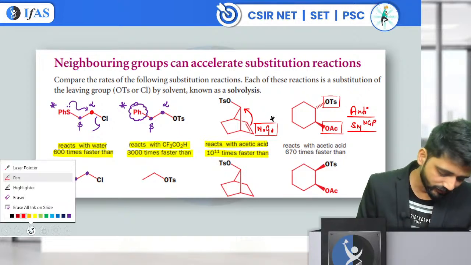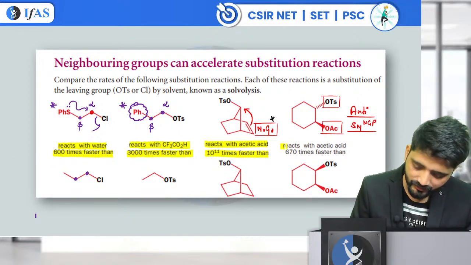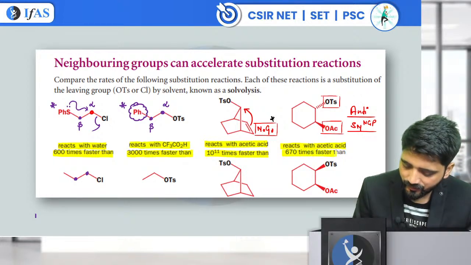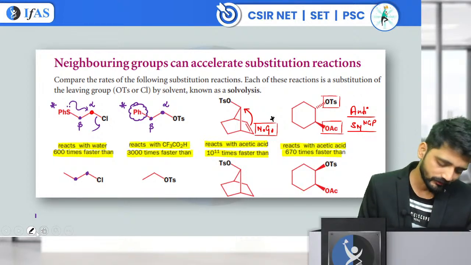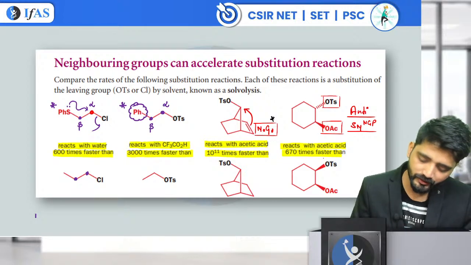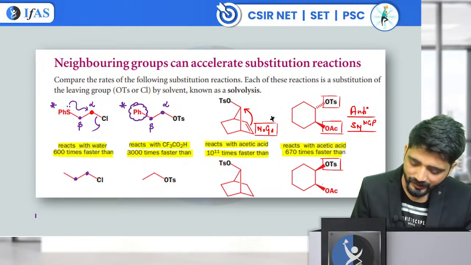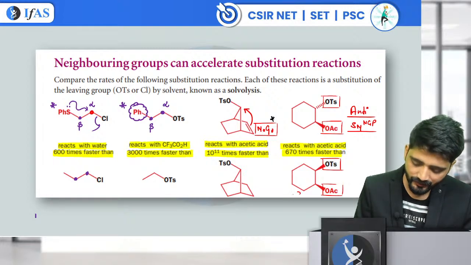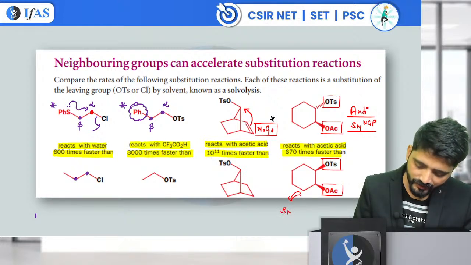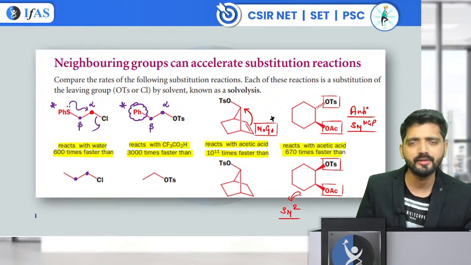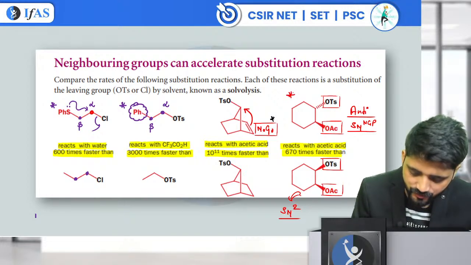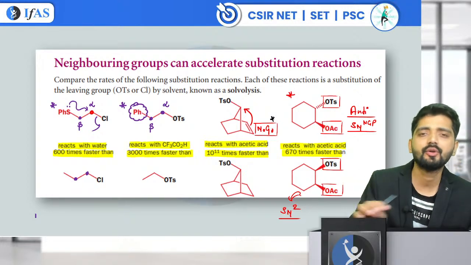That's why if we compare the rate of the reaction, the first one reacts 670 times faster than the second scenario, because in the second one, there is no possibility of the neighboring group to participate. It cannot attack into the sigma star orbital. It means here a simple SN2 mechanism would be taking place, and the rate for the first is going to be fast because of the neighboring group participation.